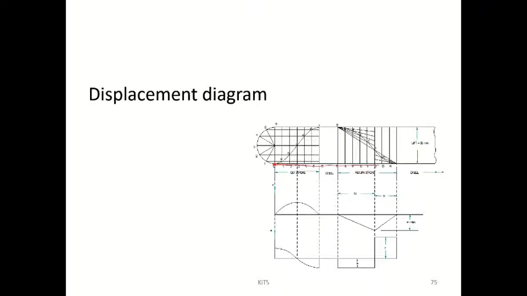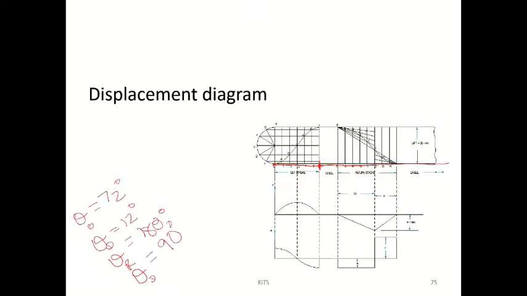Let me write it here again. Theta O is 72 degrees, theta D is 18 degrees, theta R is 180 degrees, and once again theta D is the remaining 90.